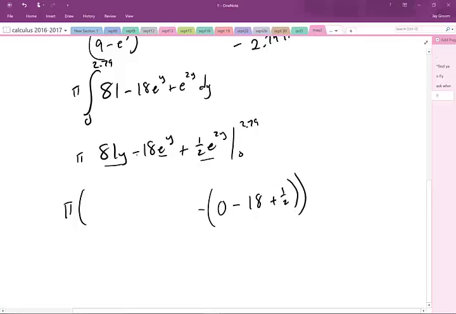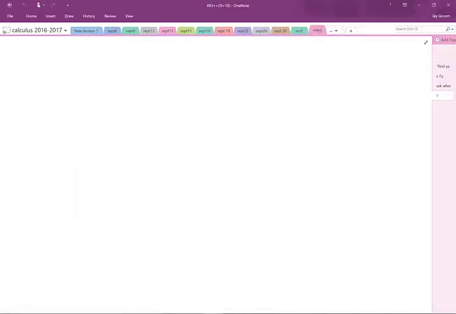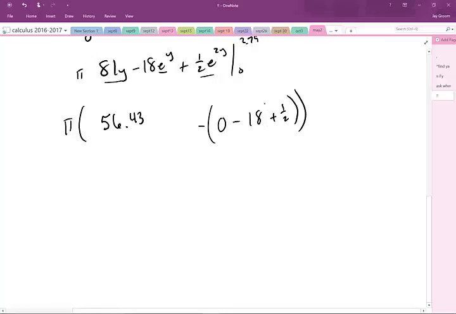And if you put 2.79 in there, what do you get? It's a fairly large number, I think. 56.43. So this is negative 17 and a half. So it's going to be minus 17 and a half, so plus 17 and a half.